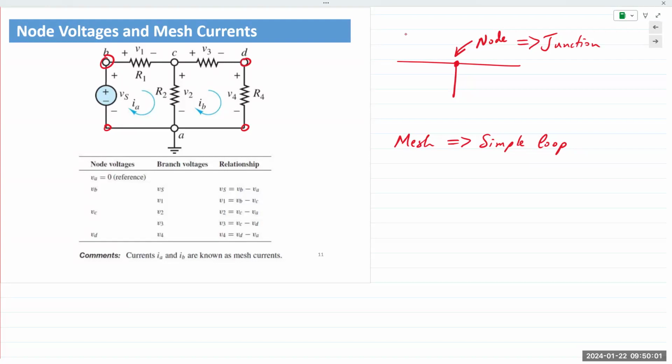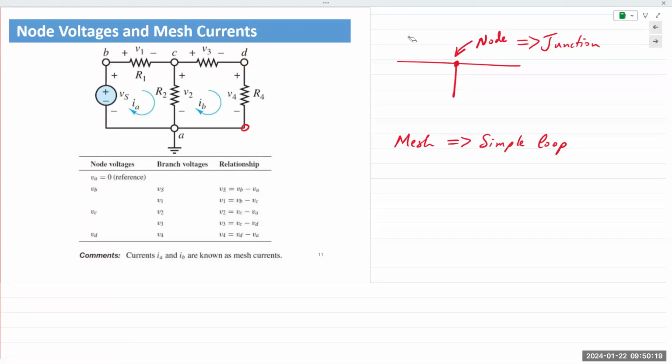And you can take multiple loops, right? You can have a loop inside of a loop. So a mesh is a simple loop that does not contain any loops inside it. And I will explain what I mean by that.